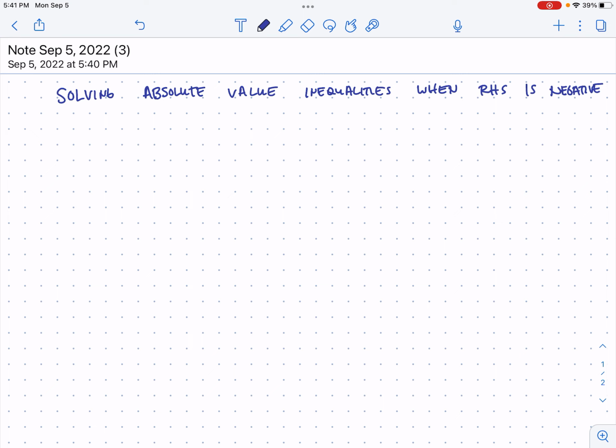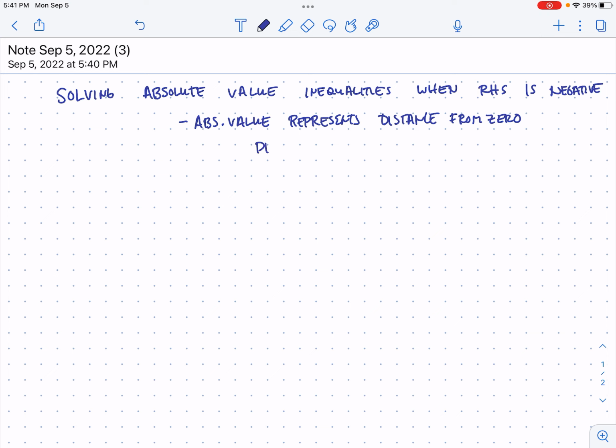So let's first just remember that the absolute value represents distance from zero. You know the absolute value of an expression, you know how far it is away from zero.